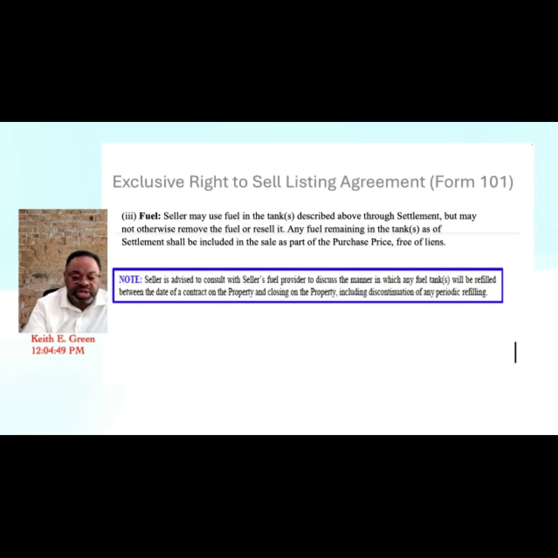They want to be very transparent about the tanks, whether underground or above ground, and how to handle fuel or oil still in the tanks. They added that note to the listing agreement as well.